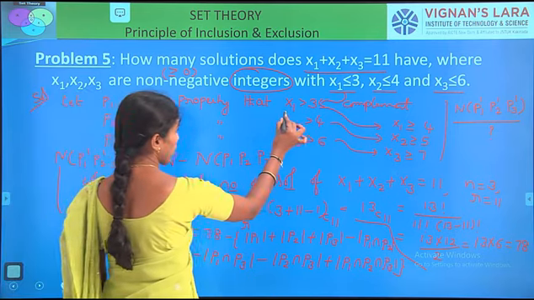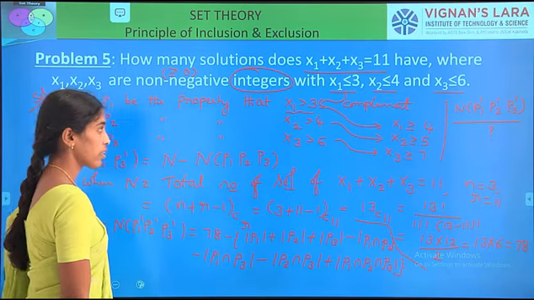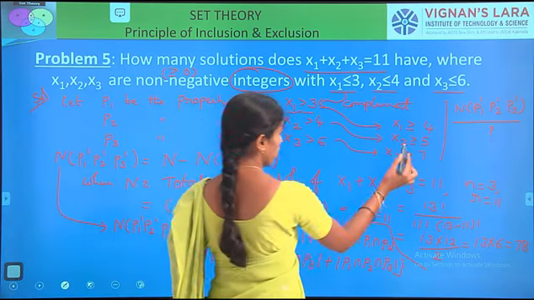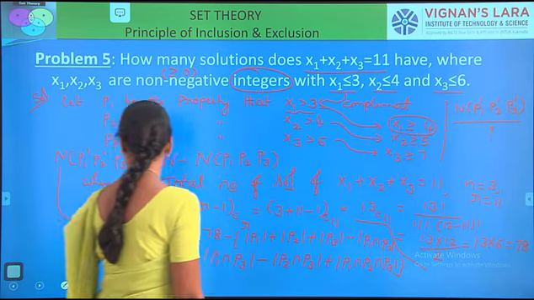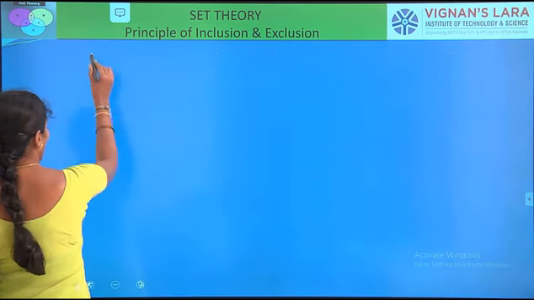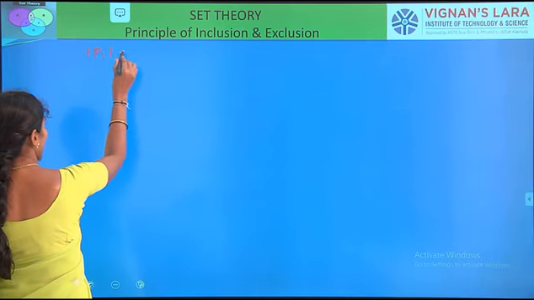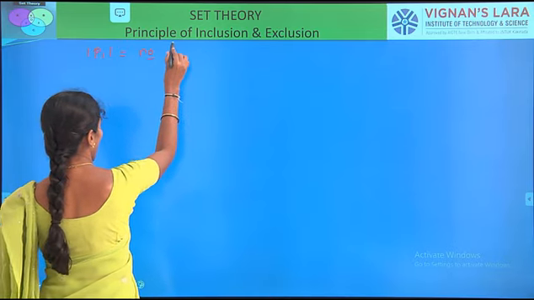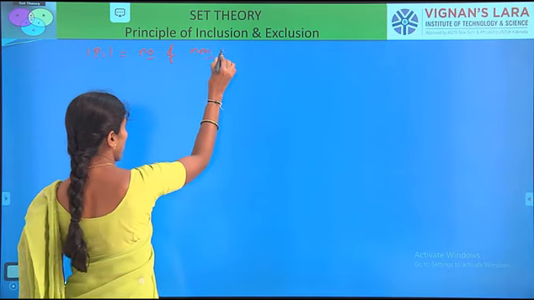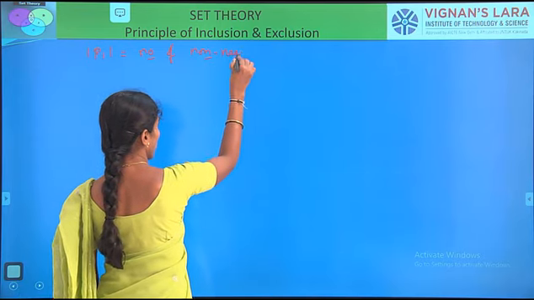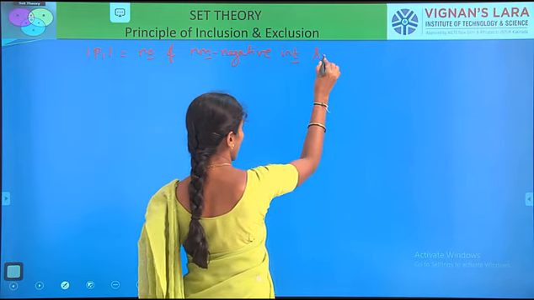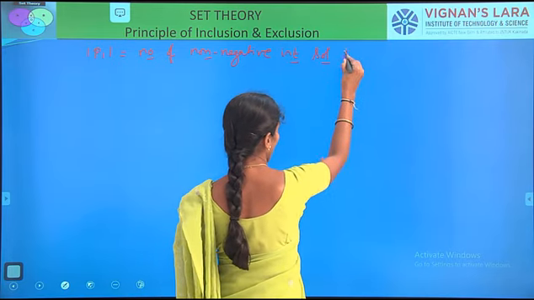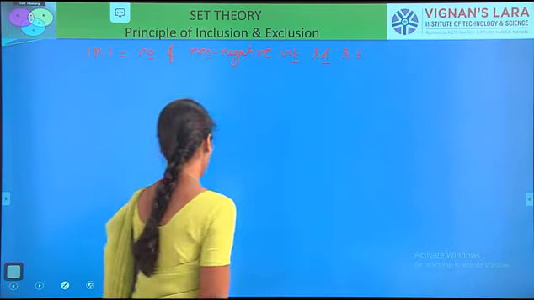What is P1? P1 is the property x1 greater than 3, otherwise x1 greater than or equal to 4. So the cardinality of P1 is the number of non-negative integer solutions of the given equation subject to the condition.